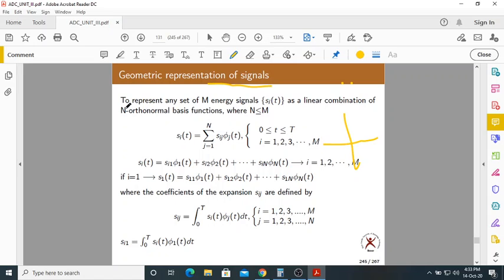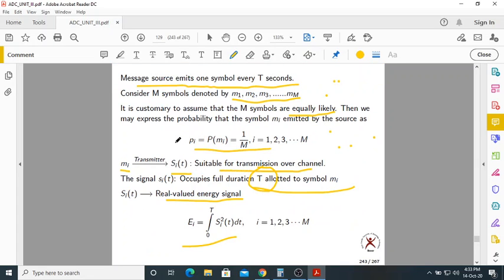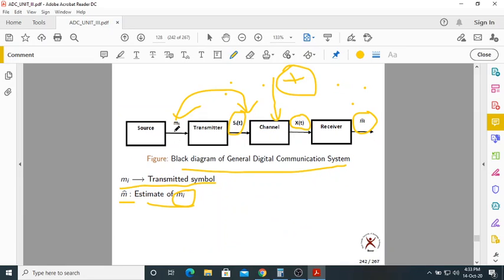Now, we want to represent this set of M energy signals Si of t as a linear combination of n orthonormal basis functions. You need to understand this very carefully. This is an algorithm, and I am explaining the algorithm. We wish to represent everything geometrically. The transmitter is producing S1 of t through Sm of t, M energy signals.